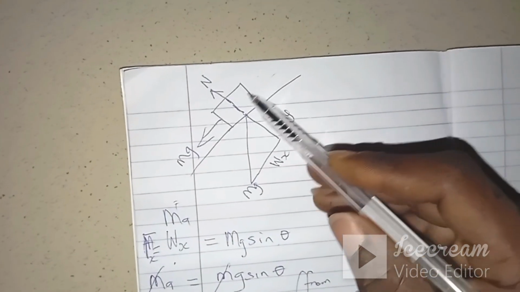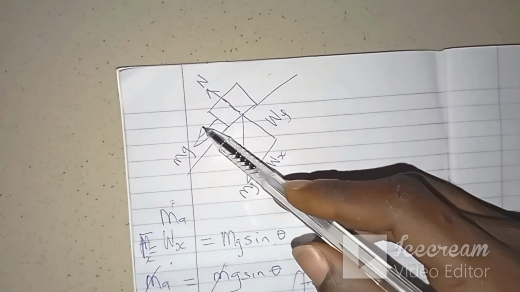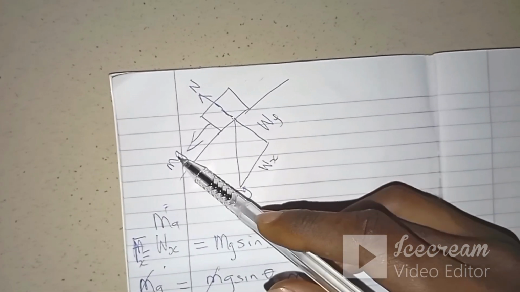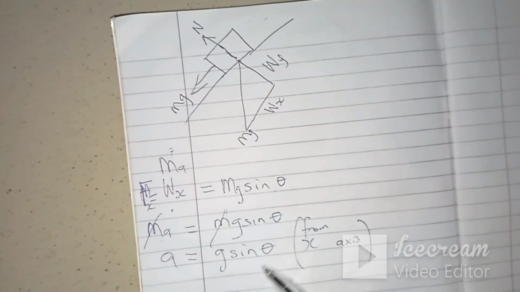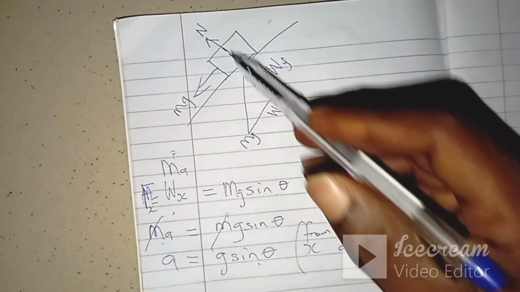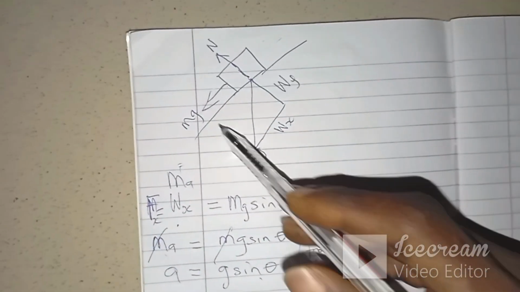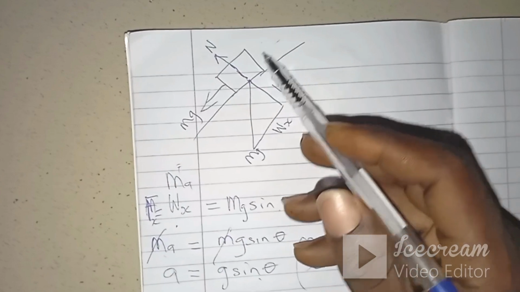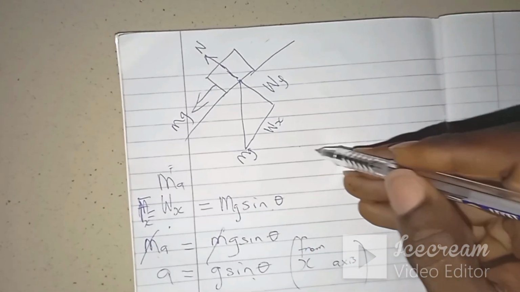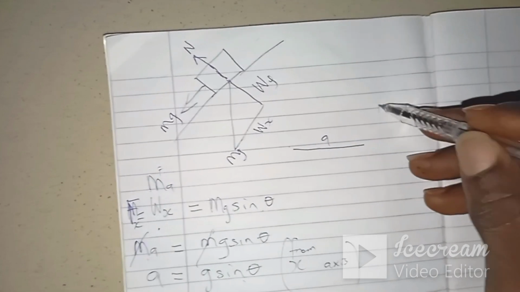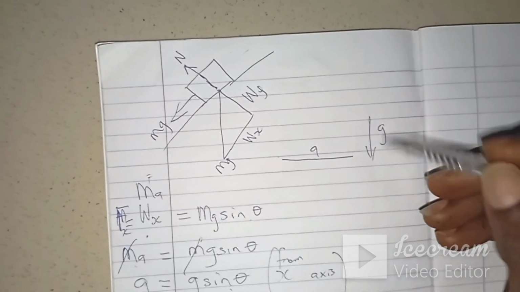When this thing starts sliding, the acceleration as it's moving, we can calculate it by doing this. We know that the acceleration due to gravity, g, is always 9.8. But anytime something is moving horizontally, we talk about acceleration, and when something is moving vertically, we talk about g.